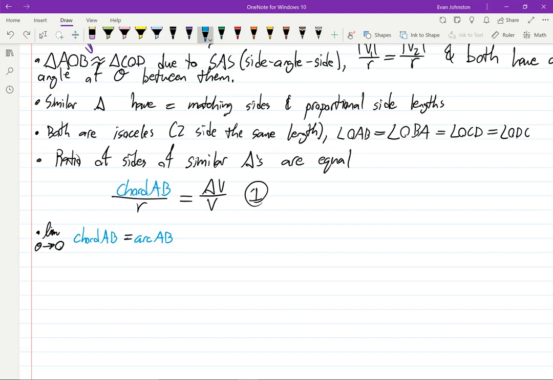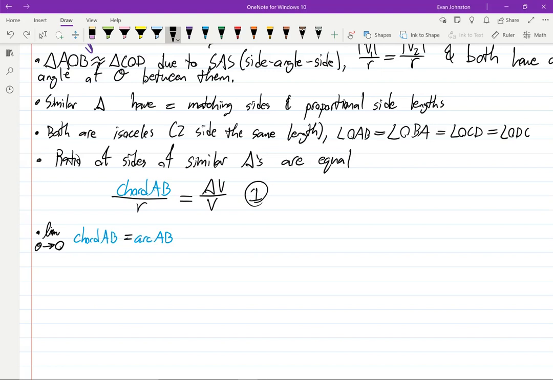Now, the reason we're saying this is that if we're looking at the ball itself going along that circle, we want to find the velocity at any instant, not an average. We want to find that instant.